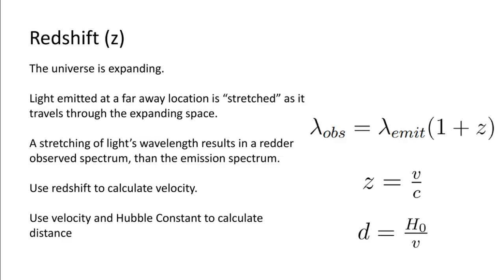Velocity is one of the components of the Hubble constant, or the Hubble equation, and so doing the velocity divided by the Hubble constant gives you a distance, and so this is now another way to measure distances in space. So by measuring the redshift of some event, like a gamma ray burst, you can use the Hubble constant to calculate the distance to that gamma ray burst.